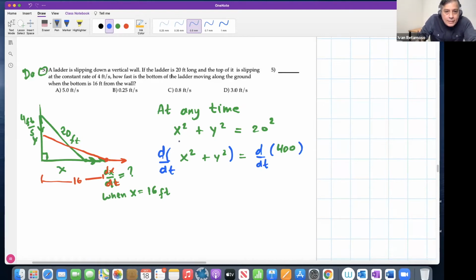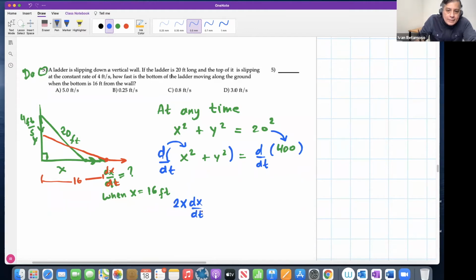Great. Let's do it together, right? At any moment, x squared plus y squared equals 20 squared. And this 20 squared is 400, right? So when you take the derivatives, the derivative that comes to mind is 2x dx/dt.